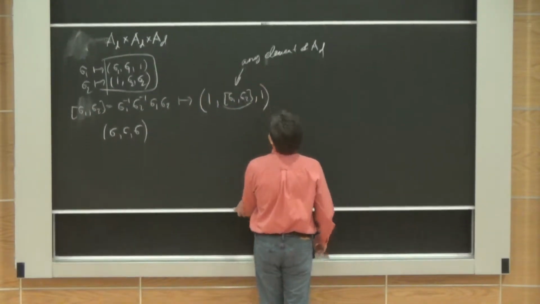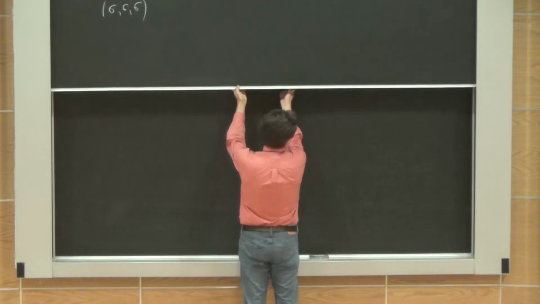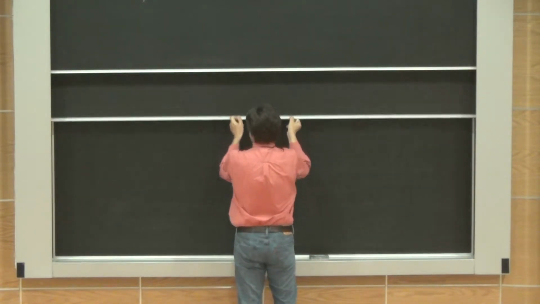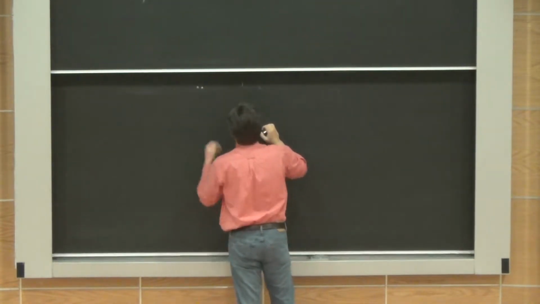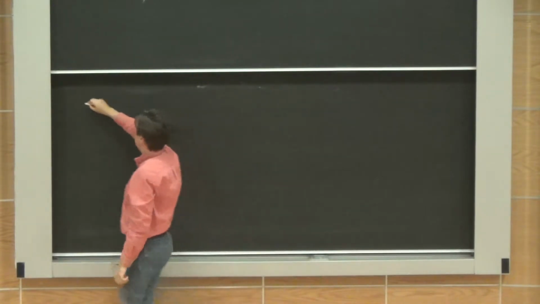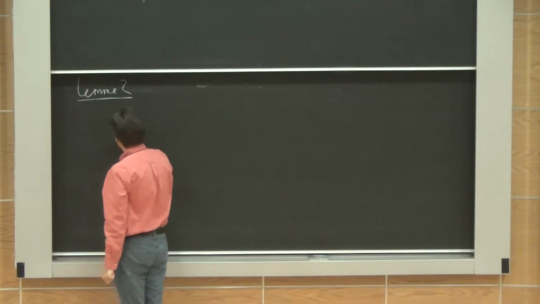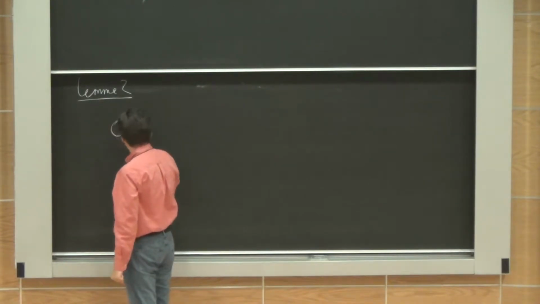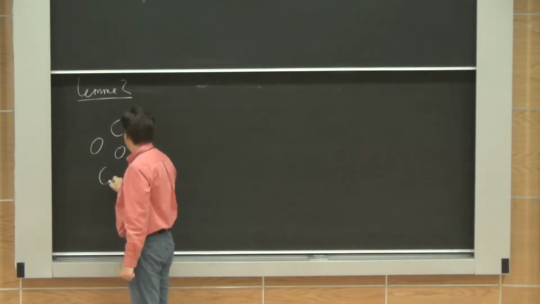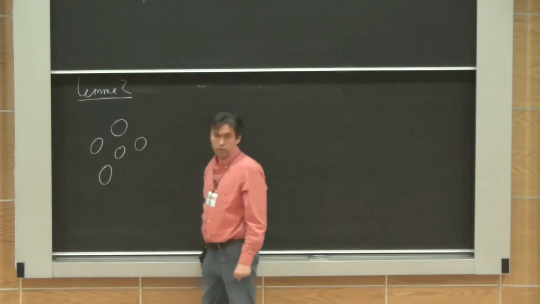Another lemma is about composition of bisections, or multisections in some way. Suppose you have 2 multisections. Now we have no restriction on the degree.